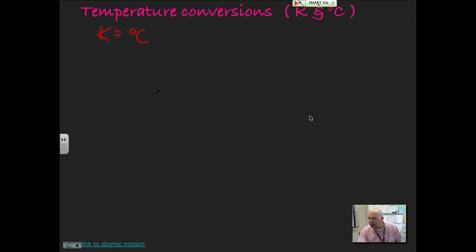Kelvin is equal to degrees Celsius plus 273. And so if I have, let's say, today's room temperature is about 25 degrees Celsius. What is that in Kelvin? Well, I simply would say 25 plus the 273 equals my Kelvin, which of course is 298 K. So 25 degrees Celsius is equal to 298 K. If I say we get a temperature of something that's really, really hot, it's 150 degrees Celsius.